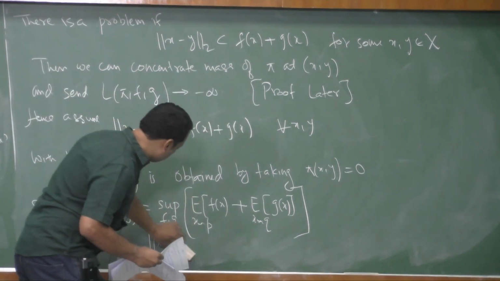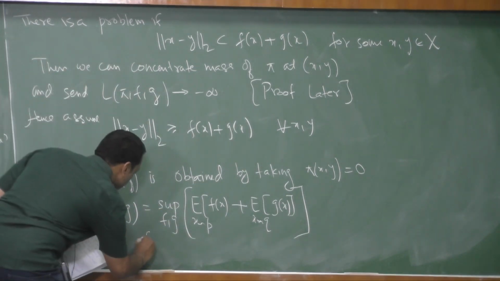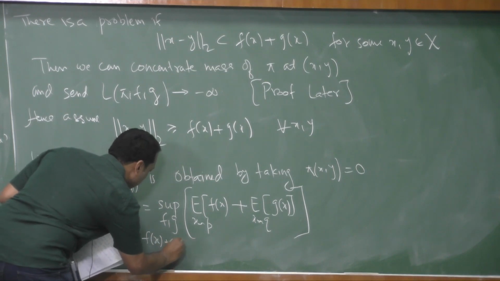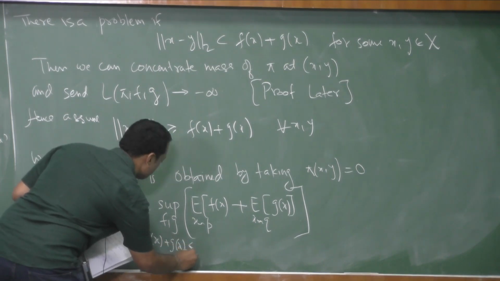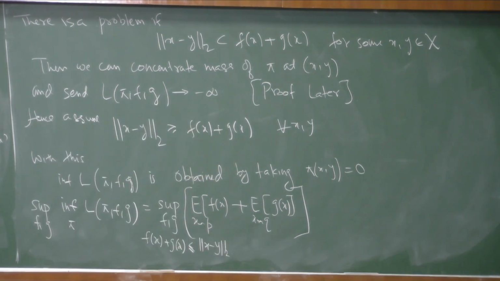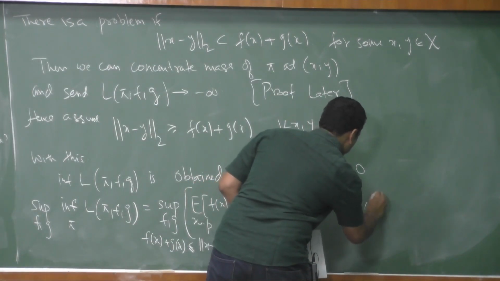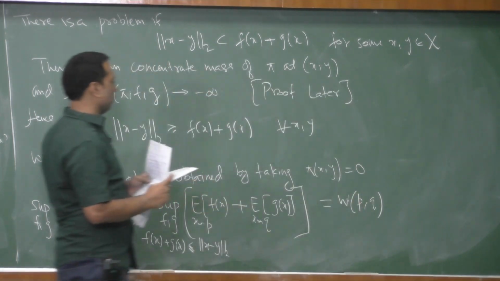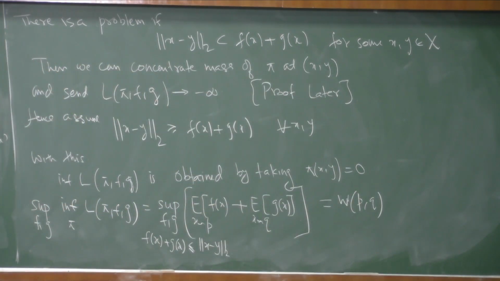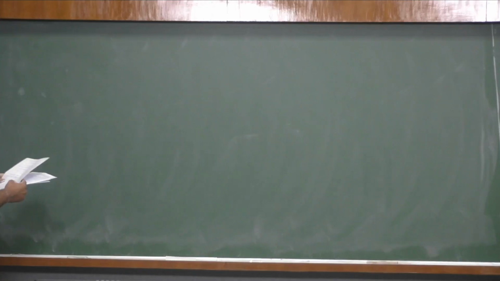So f plus g is less than, so f(x) plus g(x) is less than or equal to the norm of x minus y. So this is our existing status, and this is where we are while we are approximating the Wasserstein distance.